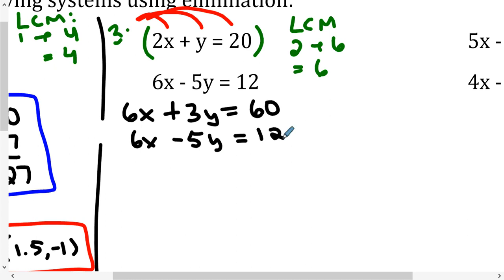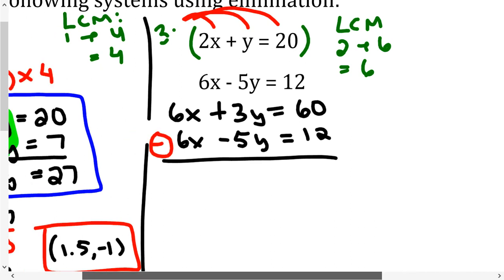Well, before we do anything here, if I add this time, 6x plus 6x gives me 12x. So when the signs are the same, we're going to do the exact same setup we did before. We're just going to subtract everything in the second equation from the first.